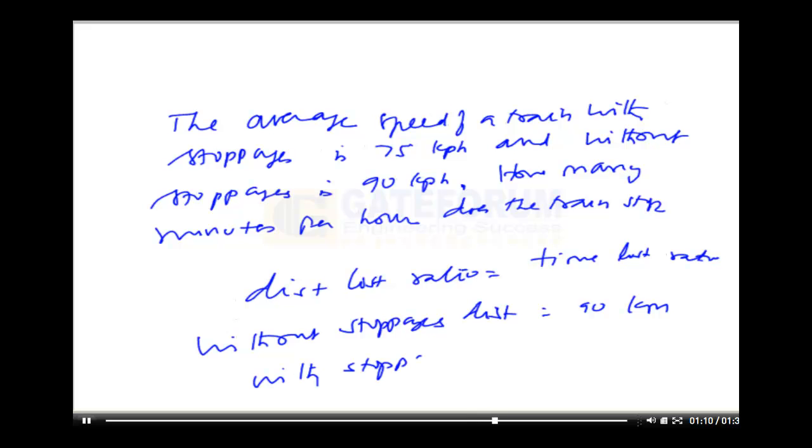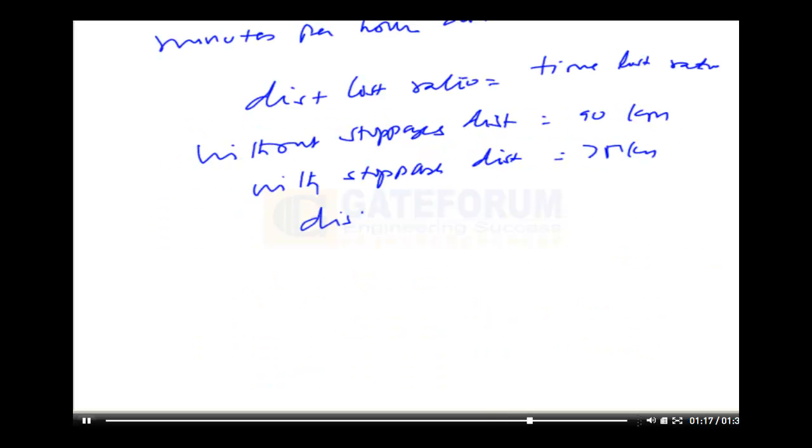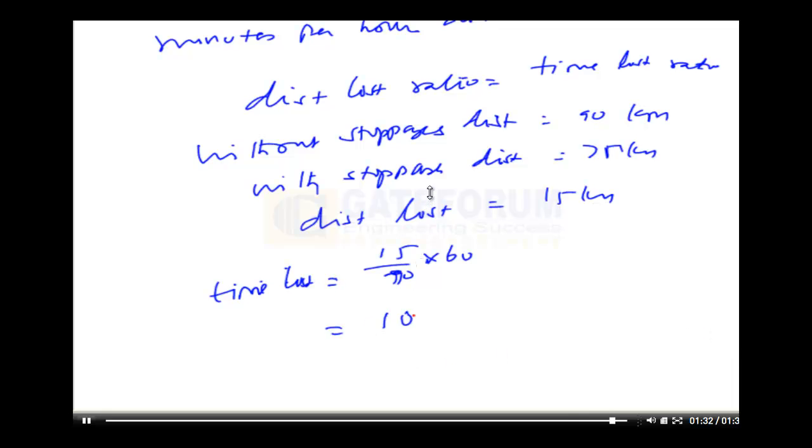With stoppages, distance is 75 kilometers. Distance lost is 15 kilometers. Therefore, 15 on 90 into 60 is the time lost. So that will be 10 minutes.